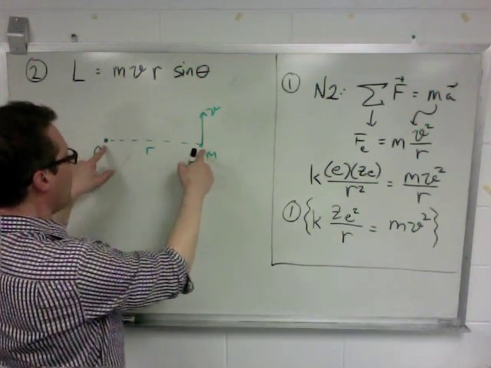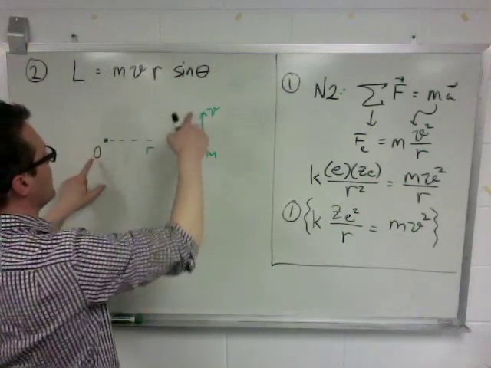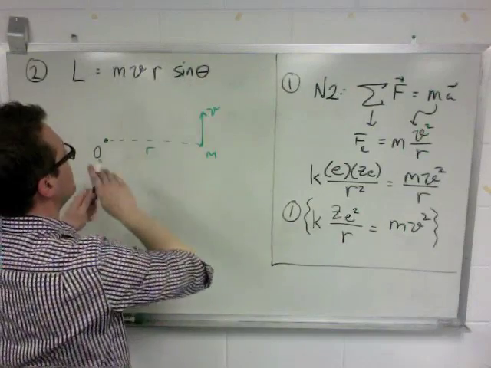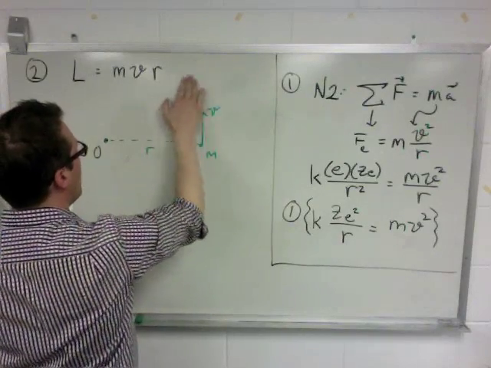Now, if this particle is moving in a circular orbit, the sine of theta would be the sine of 90 degrees, which would just be 1.